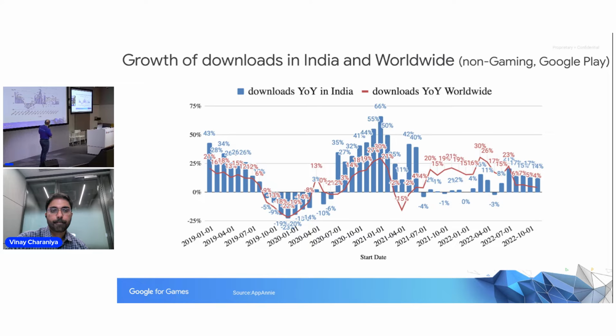Then 2021 was actually nicer for non-gaming than for gaming, because gaming had a little bit negative growth. And then in the last months, which means 2022, again the growth of downloads in non-gaming is much higher than the market.